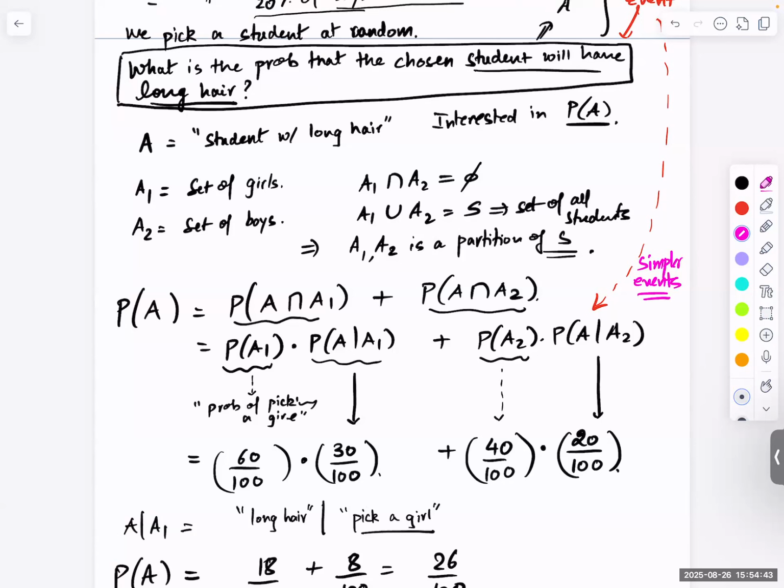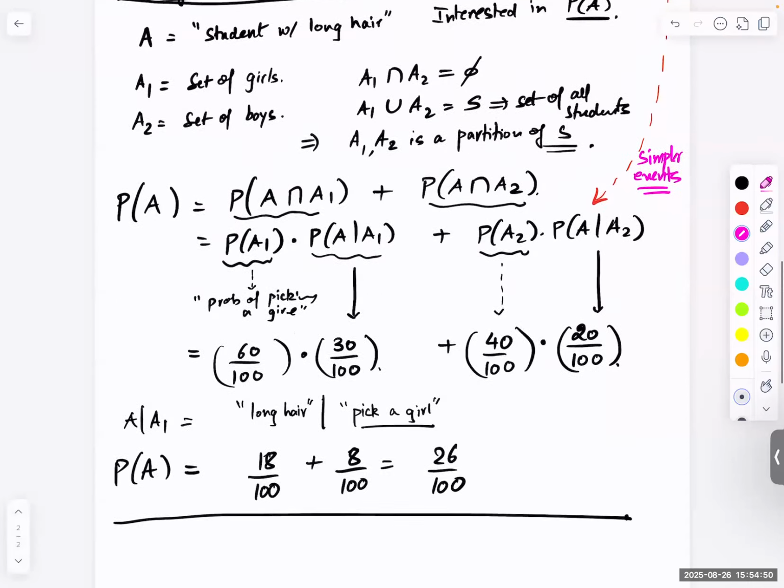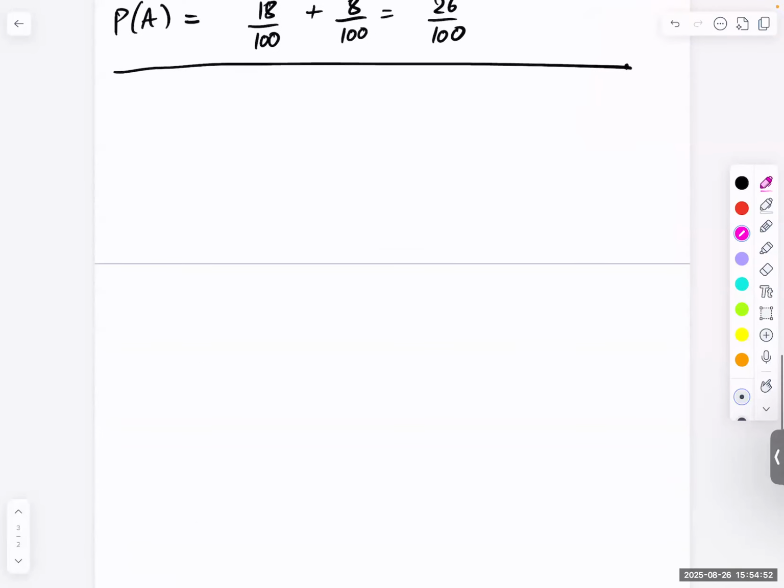All right. Now, with this taken out of the way, let's talk about the next important concept that I want to cover in this module, which is Bayes' theorem.